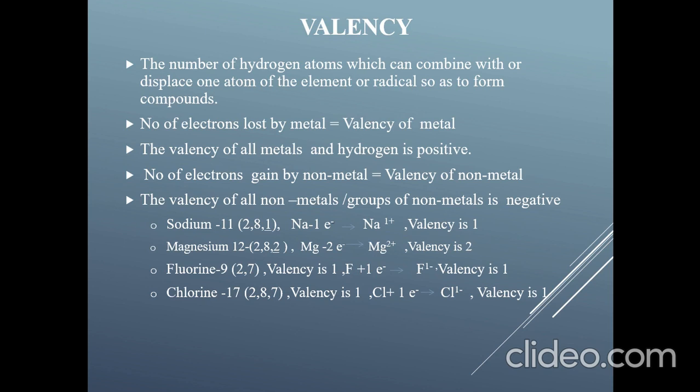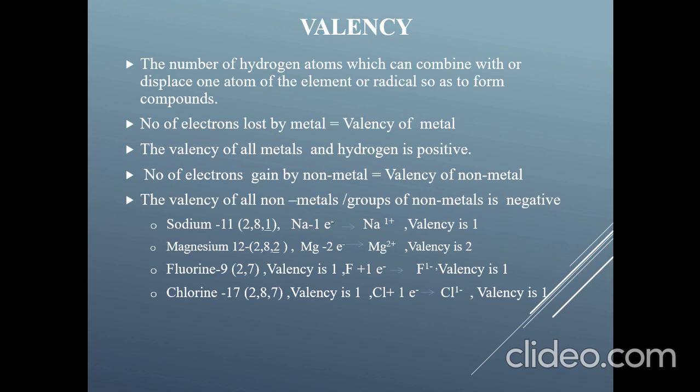In case of fluorine, which is a non-metal, atomic number 9, electronic configuration 2, 7. So after subtracting 7 from 8, we get 1. So its valency is 1. As per the octet rule, if the number of outermost electrons is 4 or more than 4, we have to subtract it from 8.